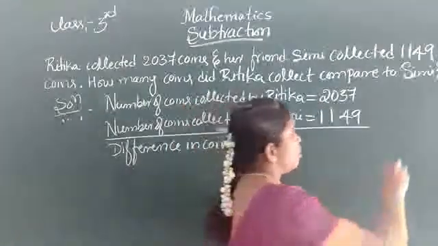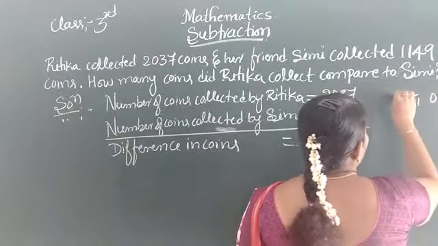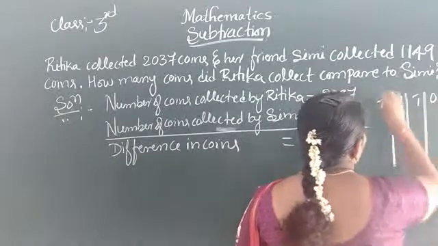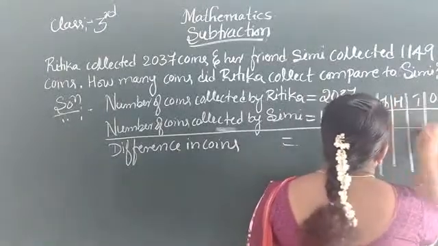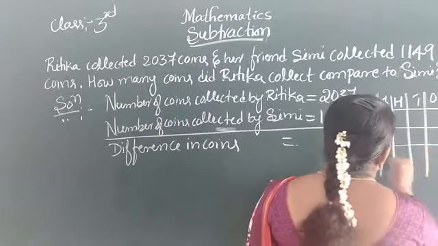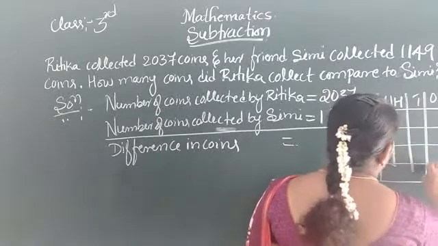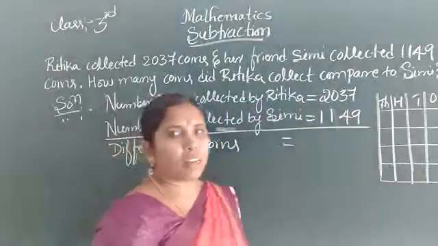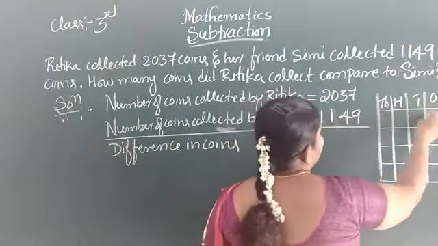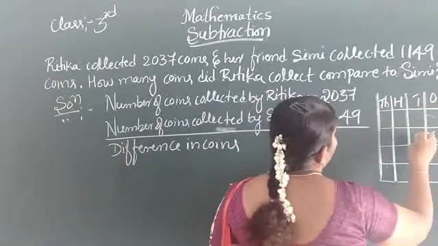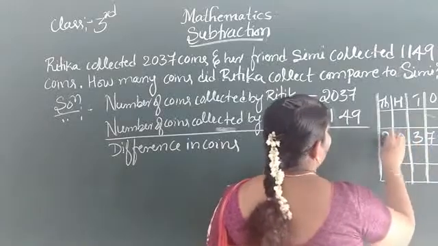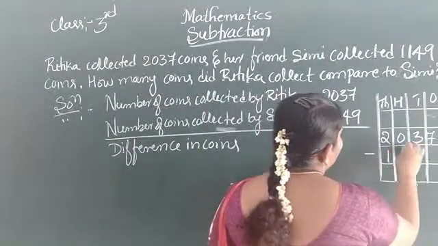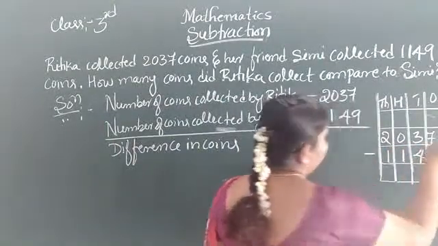Observe here: ones, tens, hundreds, thousands. So subtract now. First, write down the number 2037 minus 1149.